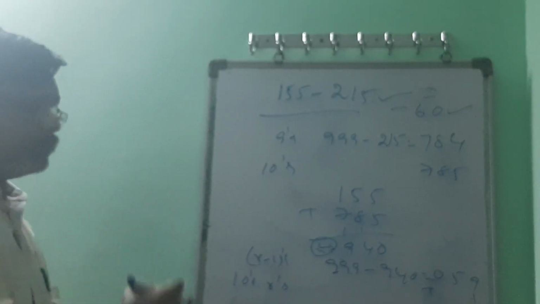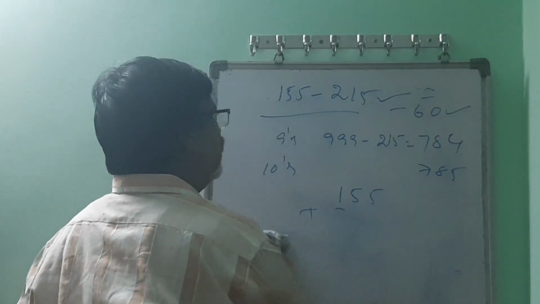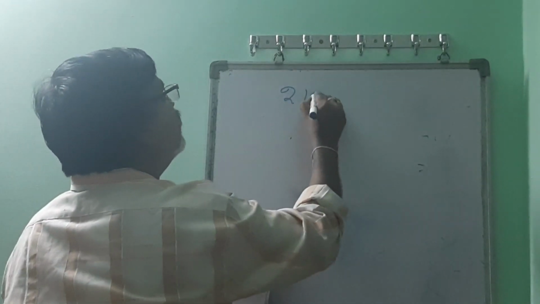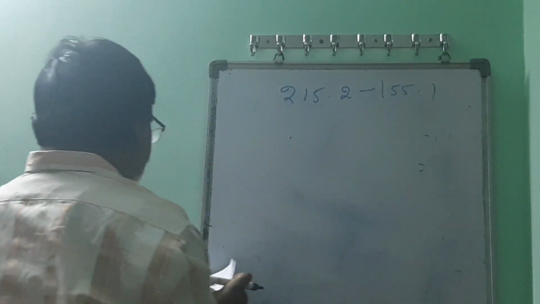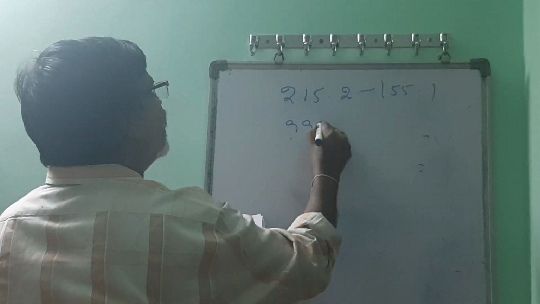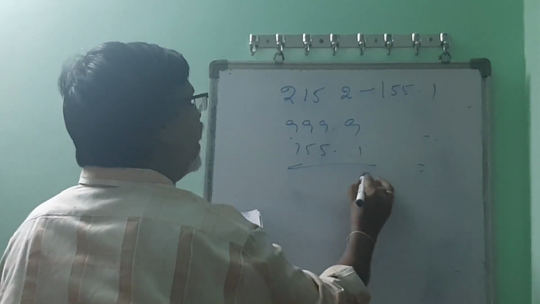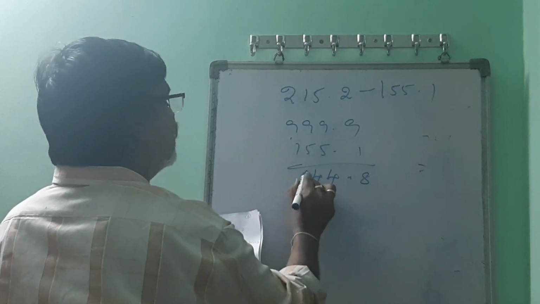One more example we consider in decimals with fractional values. You take 215.2 minus 155.1. So we calculate 999.9 minus 155.1, which gives 844.8.